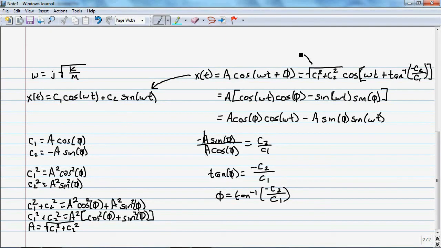So each of these equations are equivalent. And this is how we describe the motion, or the oscillations in time, for a spring.